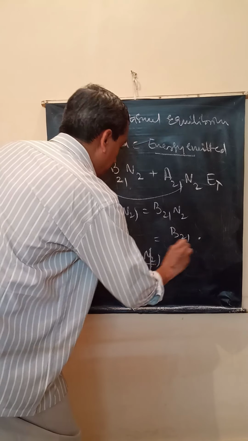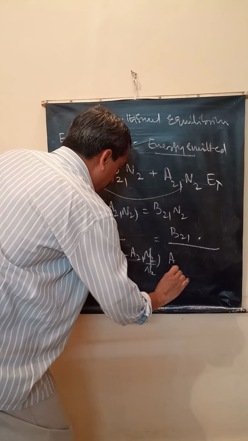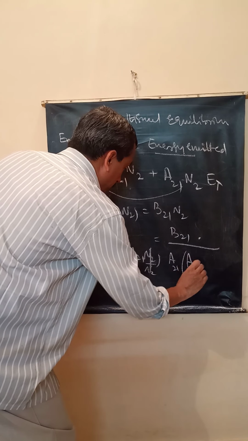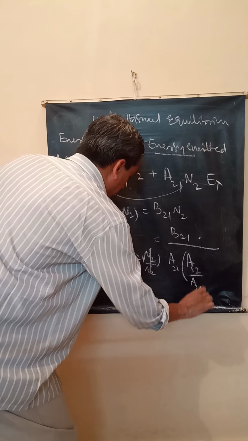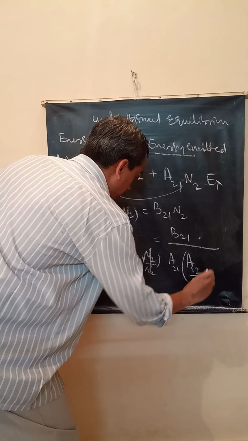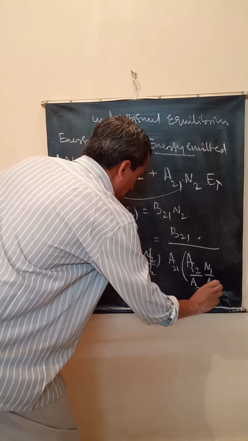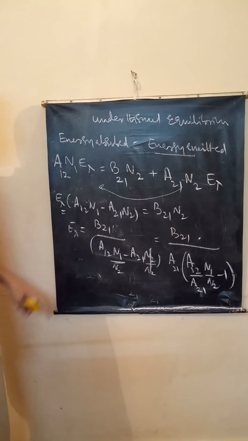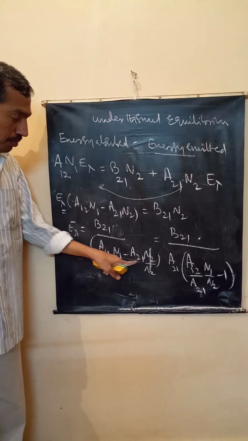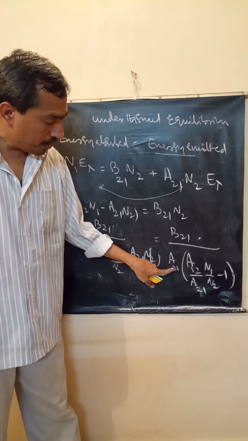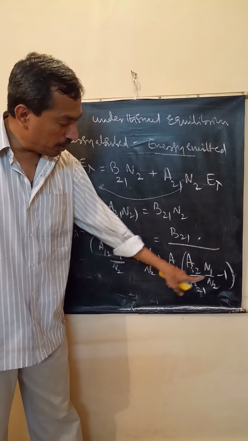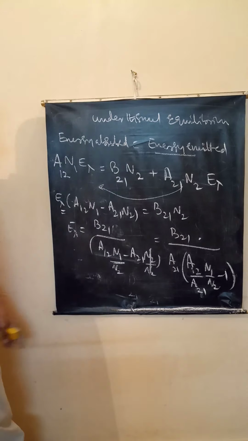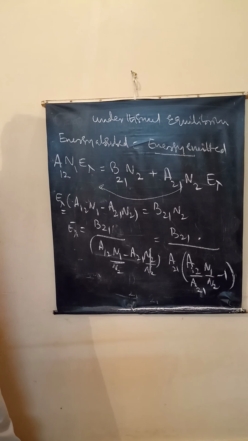Now I will take this A21 as a common factor. See here, B21 by A21 into 1 by ((A12 by A21) into (N1 by N2) minus 1). Observe this. I have taken this term as a common factor. Almost the end.